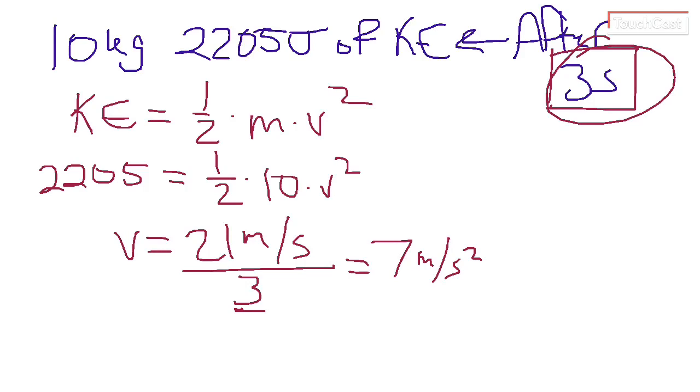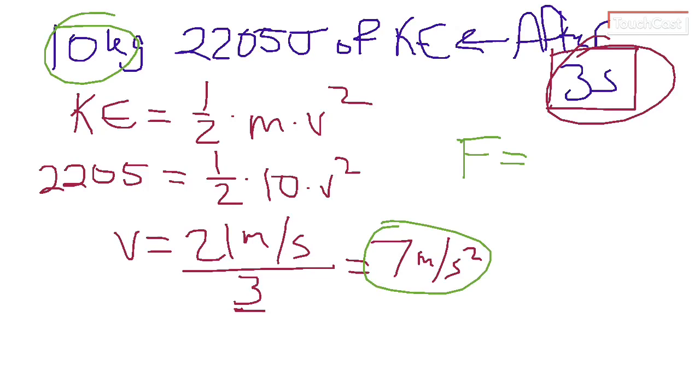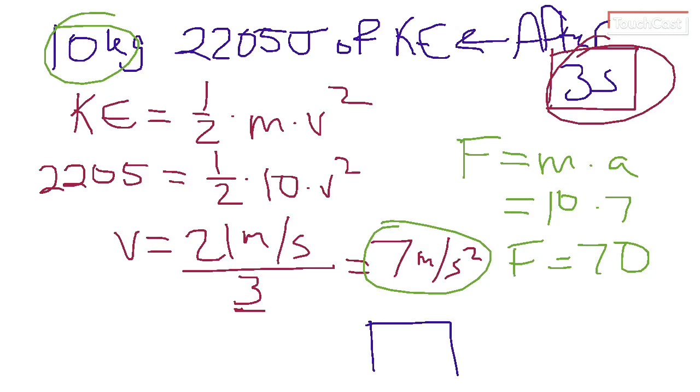Now with mass, which I already have, and acceleration, I can use F equals ma, with mass being 10 and acceleration equal to 7, so my net force is 70. I didn't put a direction on this, but at this point you could draw a box, and let's say that net force is supposed to be 70. There's your force diagram.